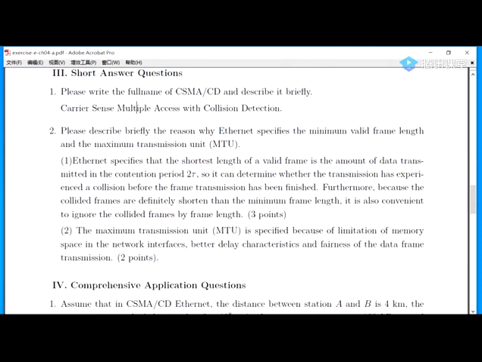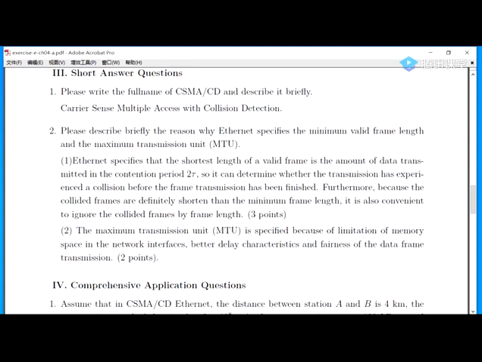Question 2. Please describe briefly the reason why Ethernet specifies the minimum valid frame length and the maximum transmission unit. There are 2 points.